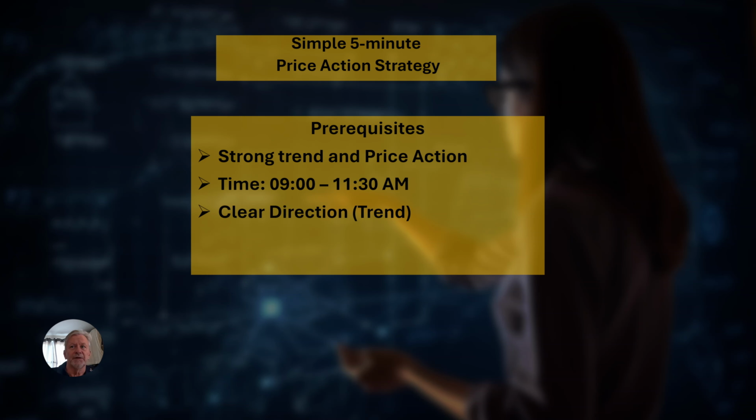And we need a clear direction. This is optimal so we don't get a choppy market. A strong trend is the best way to use this strategy. And you need to keep it simple, not a lot of indicators, just use volume and price action candlesticks.